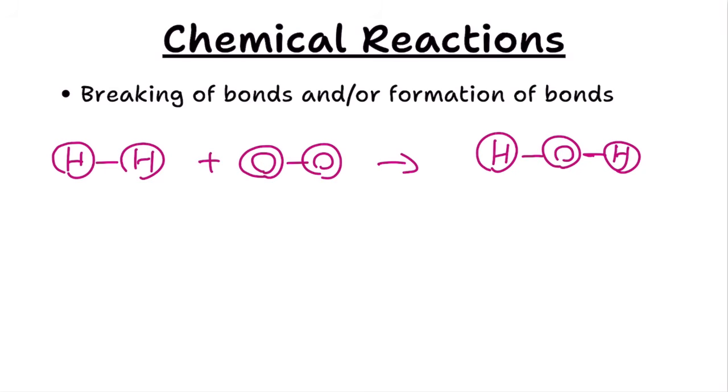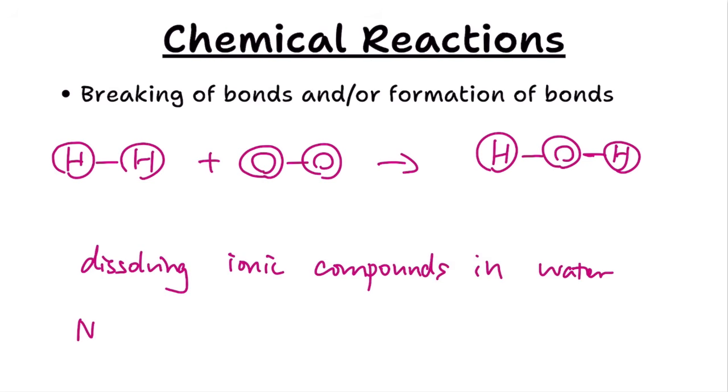Well, sometimes the breaking of bonds also occurs in a physical change, such as dissolving ionic compounds in water. We know that when you dissolve ionic compounds in water, the strong ionic bonds between the cations and anions in the lattice structure of the solid ionic compound are broken, and then they are separated into individual cations and anions.